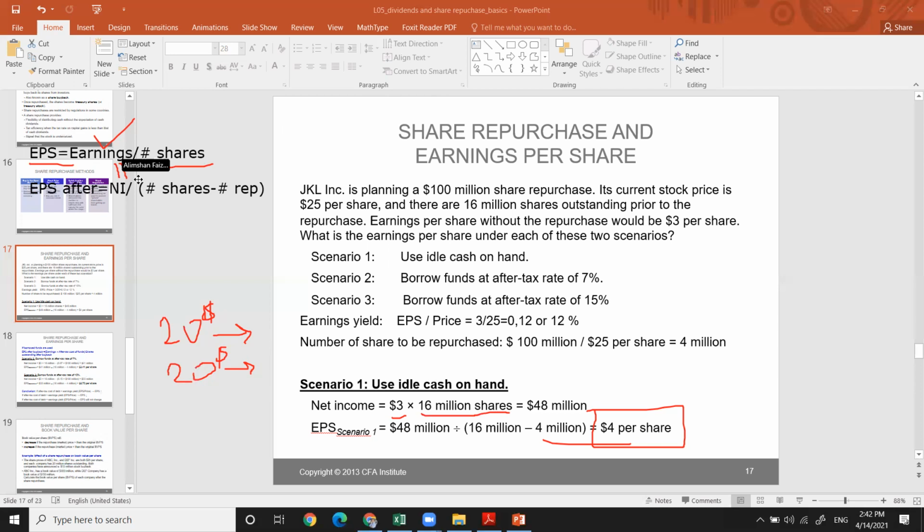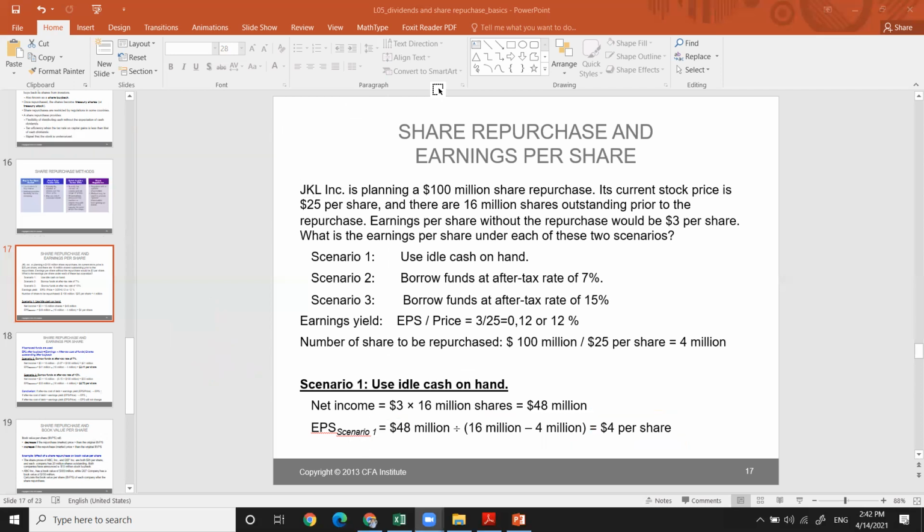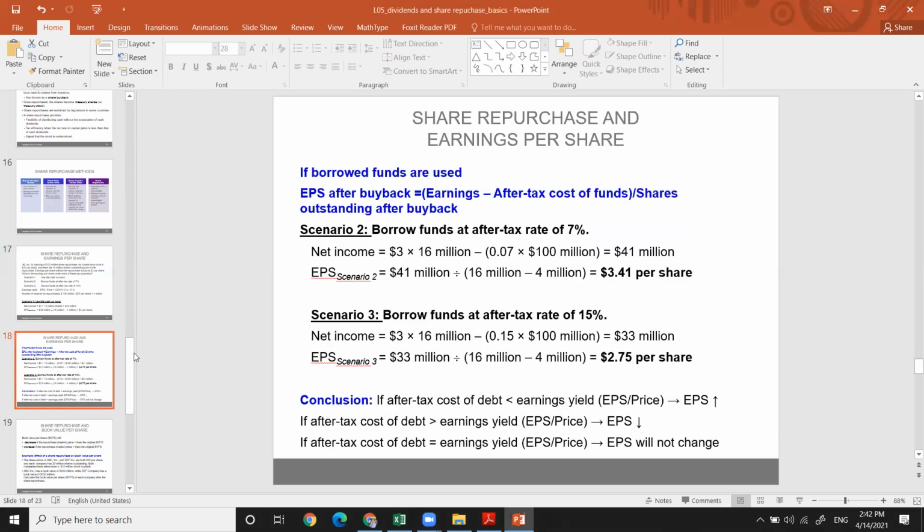Okay, I got you. So this is what we use when we use the idle cash to repurchase back the shares. It might be the case that we can borrow the money. If we're borrowing the money, to find the net income we follow the same rule, but with one condition: if there is a lending, we should subtract the interest from the net income.